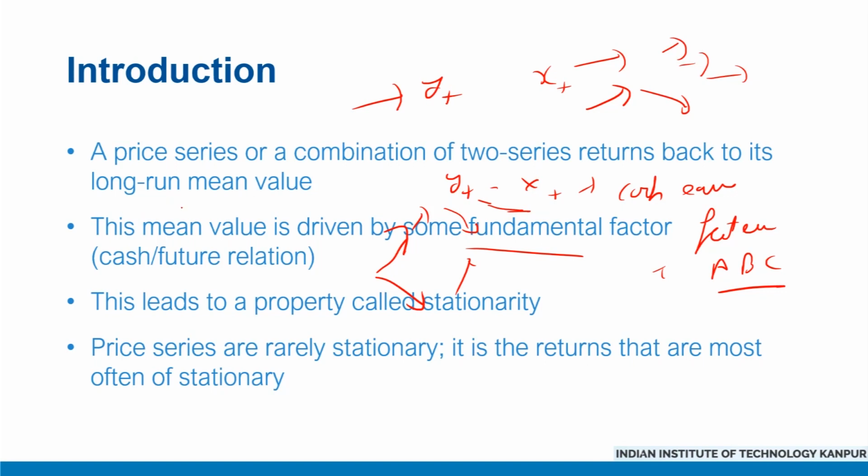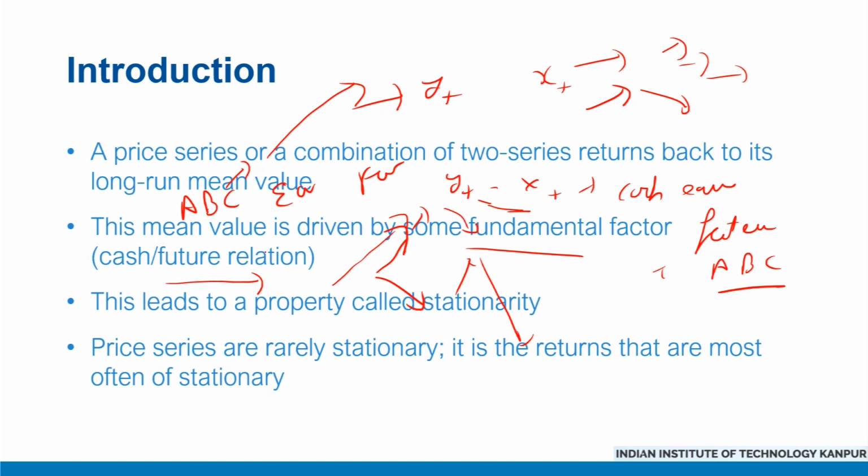So if I were to take the difference of ABC's cash equity and futures, the difference would remain somewhere around its long-term value, even though per se the ABC equity price may move much above, and the same about the future, it may also move much above or down. But if you look at the difference of these values, it will remain closer to some long-term average.